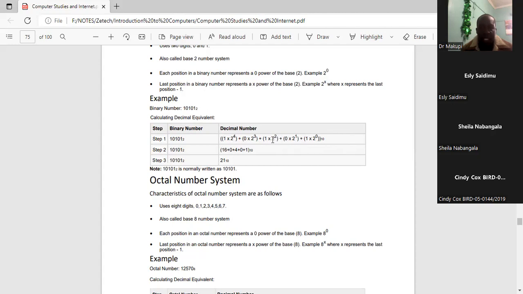So you can be seeing this binary number like that. So that I would want to convert binary number 10101 to decimal, I just multiply by increasing powers of 2. So hoping that you have now known how to convert a binary number to its relevant decimal number by multiplying by increasing powers of 2.